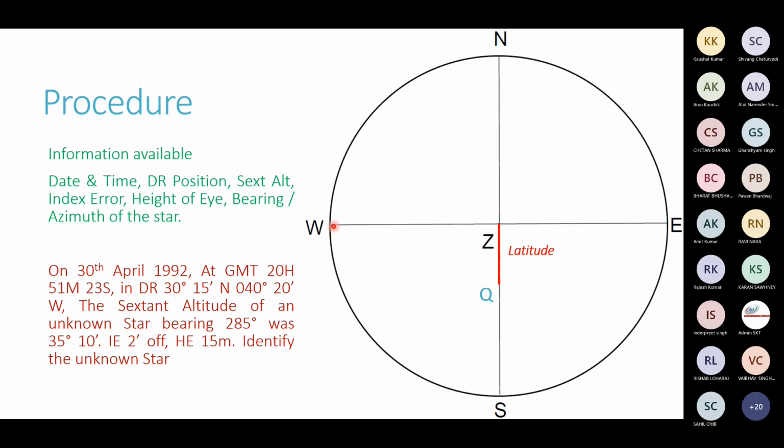The nature of the diagram is such that whenever you draw the equinoctial, it will always pass from the east and west points. So we now know the equinoctial passes from the east and west points, and also from the Q point. So we can draw the equinoctial now. You can see the equinoctial drawn in the rational horizon diagram represented by WQE.